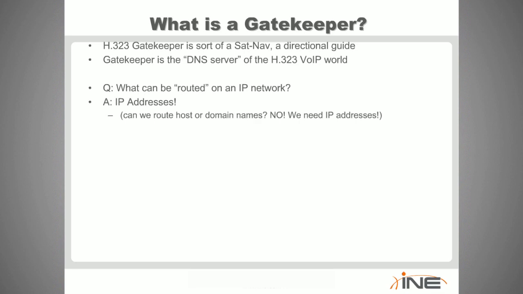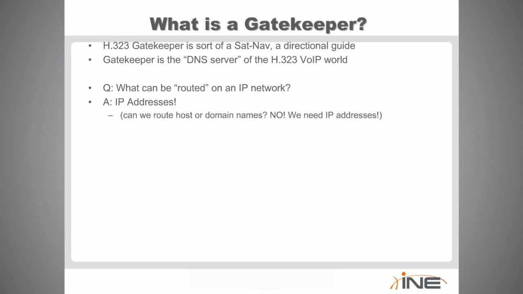What can be routed on an IP network? The answer is IP addresses. Can we route host or domain names? No, we need IP addresses. Okay? That's what we actually route on the IP network. Even if we're getting a domain name or host name resolved via DNS, we have to know the what? The IP address of the DNS server to route that request to, right?